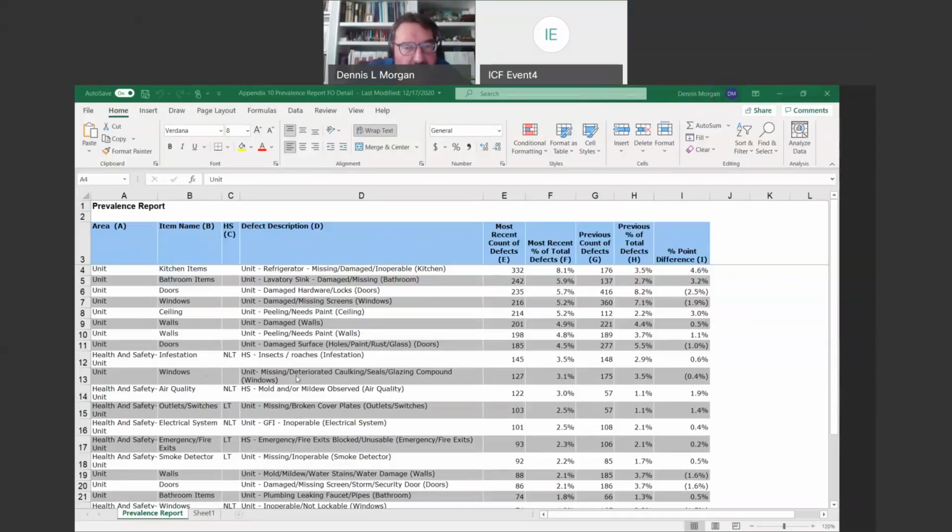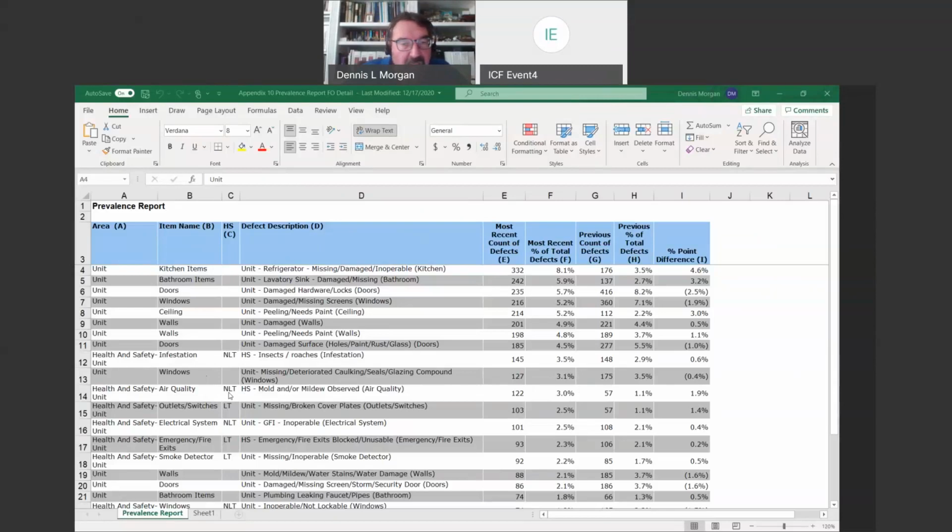Windows, missing, deteriorated caulk. Again, relatively high for the PHA. Mold and air quality. This again is an NLT. It could be that I've got mildew issues, or that resident education needs to take place because they're unplugging those vent fans or not letting those places air out.